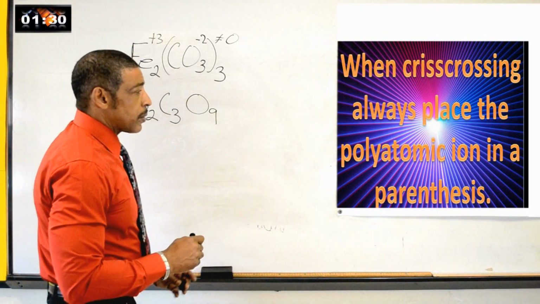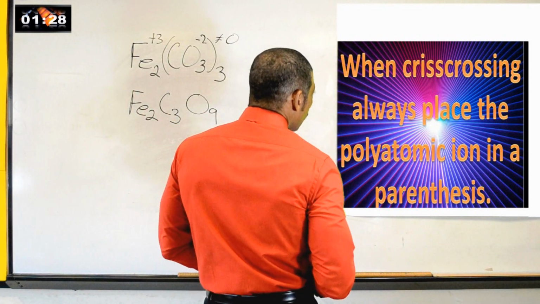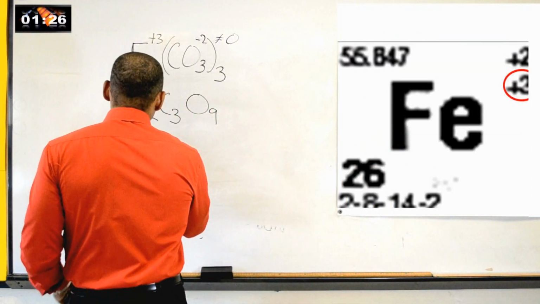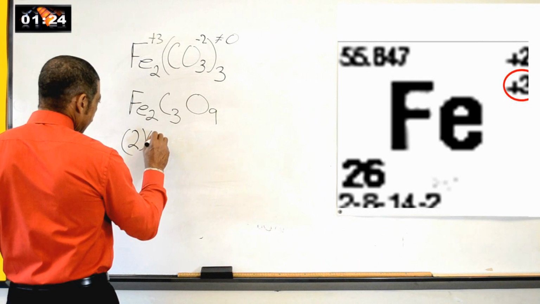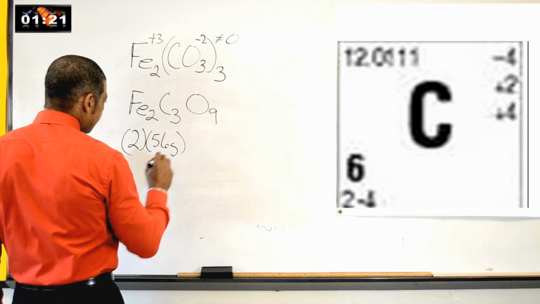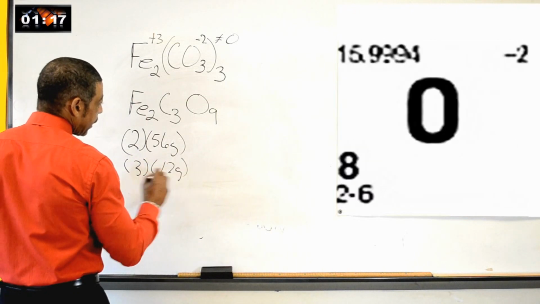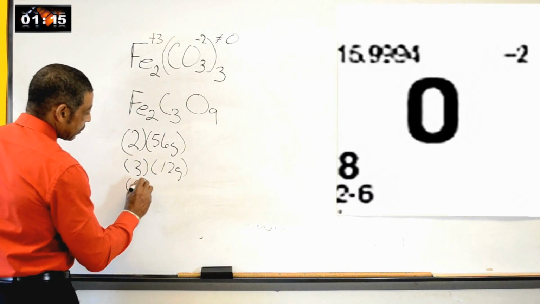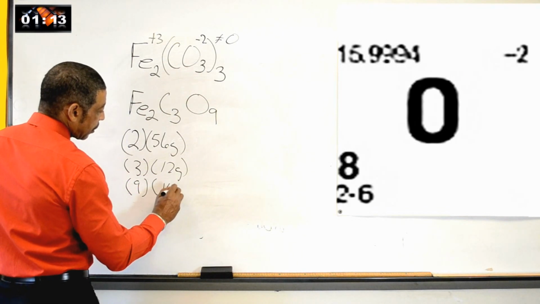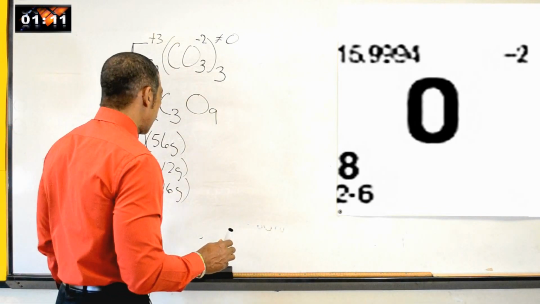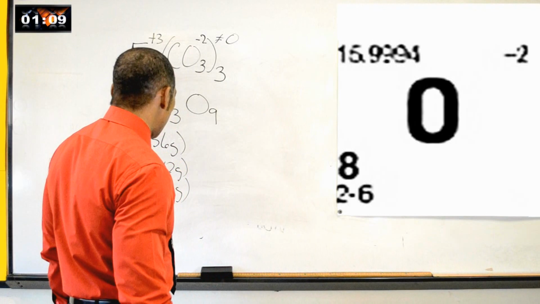From the periodic table, the mass of iron will round to 56. So we have 2 times 56 grams. We have 3 times 12 grams. And we have 9 times 16 grams. All of these masses will come from the periodic table.